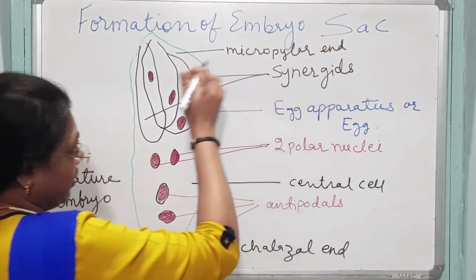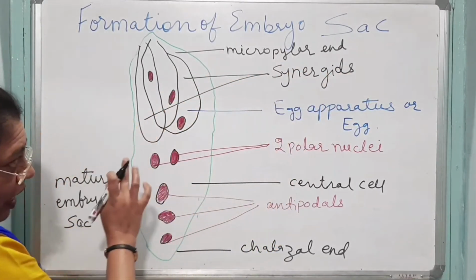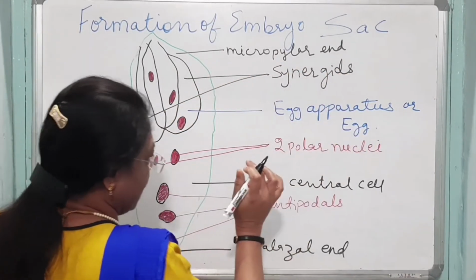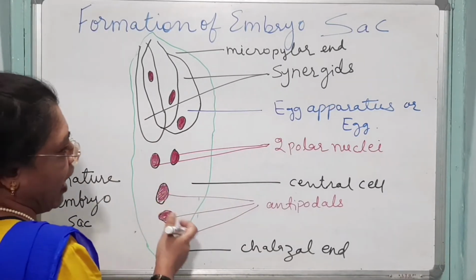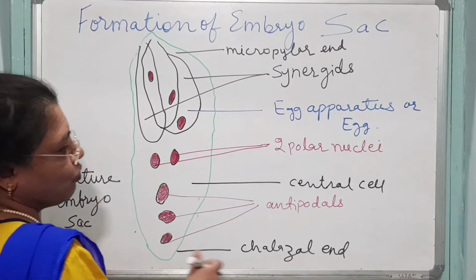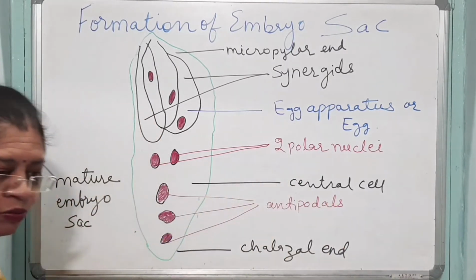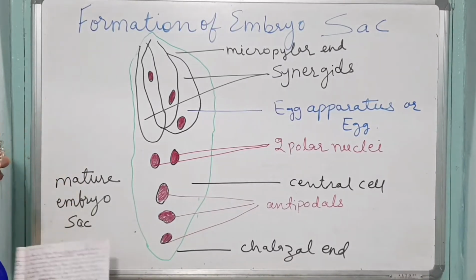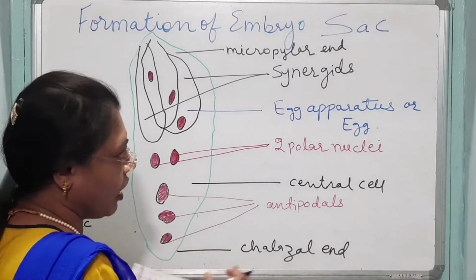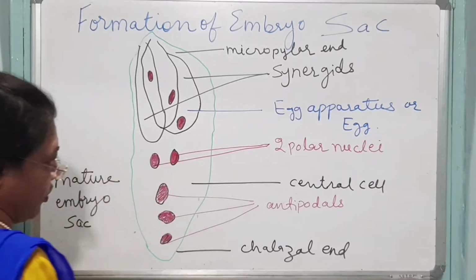Out of the 3, 2 are the synergids and 1 is the egg apparatus. And the remaining 3 nuclei having cell wall travel towards the chalazal end and are called antipodals. Now we will see the complete organization of a mature embryo sac with the other diagram.